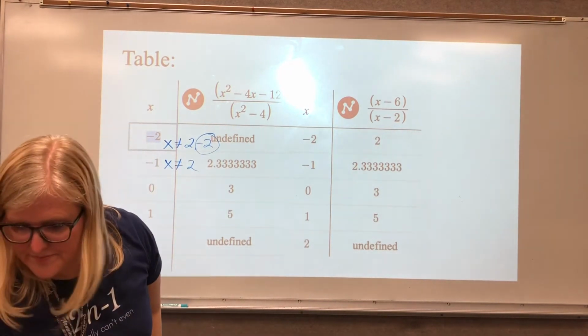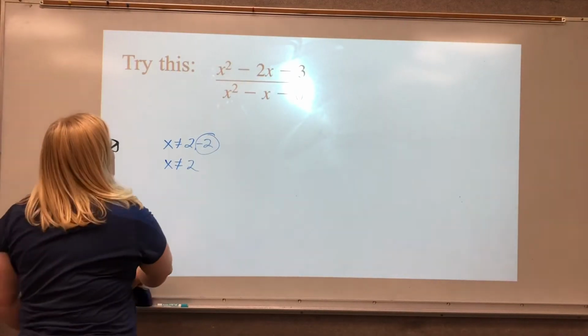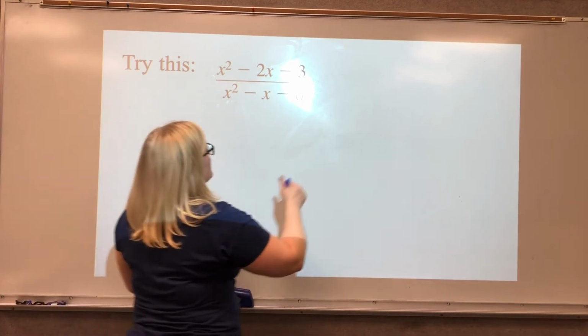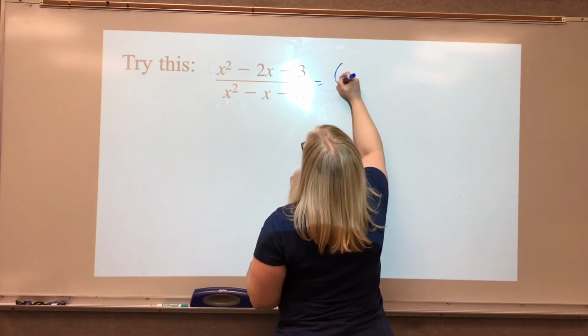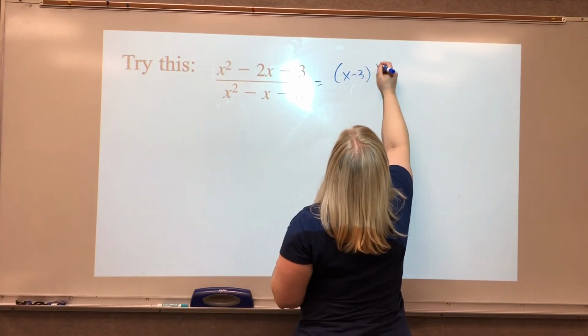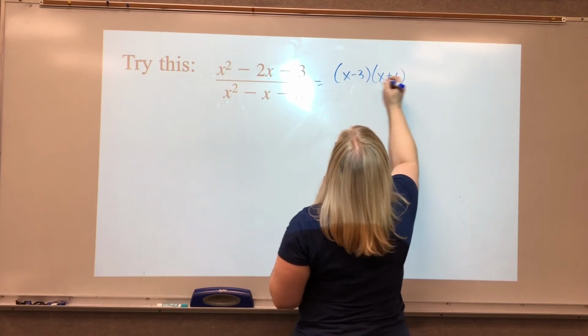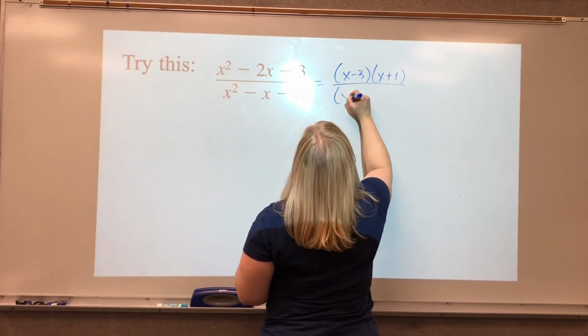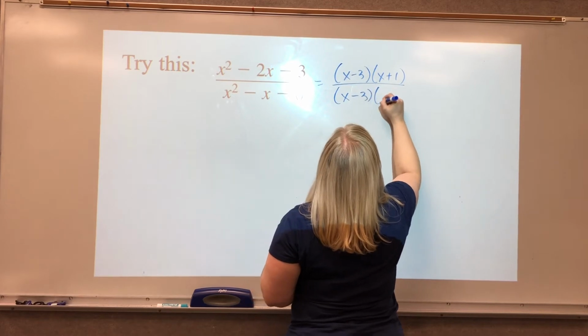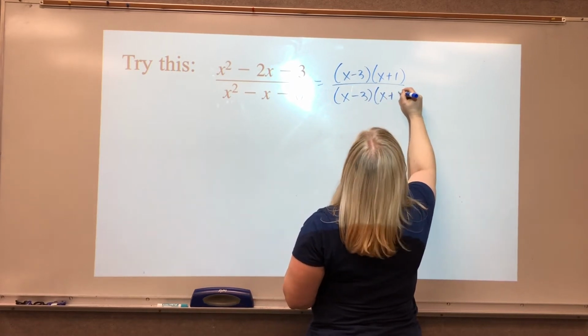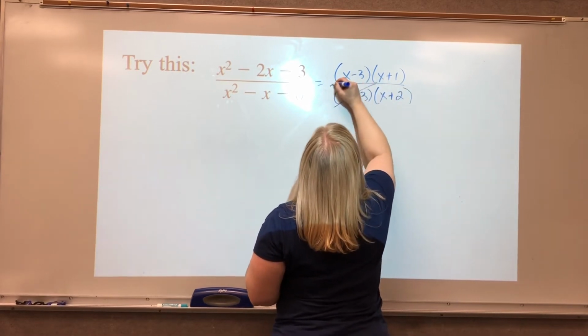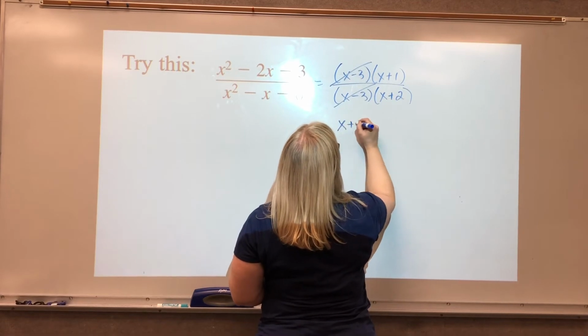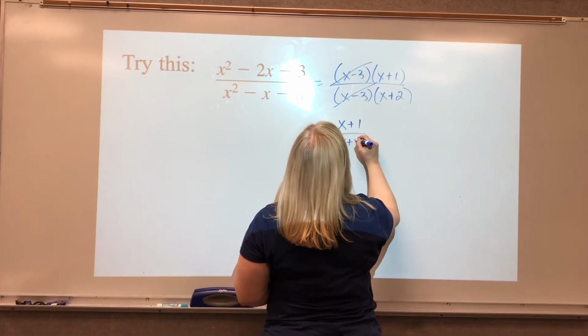All right, so let's try this one. This one we have x minus 3 times x plus 1 over x minus 3 times x plus 2. Slash, and I have x plus 1 over x plus 2.